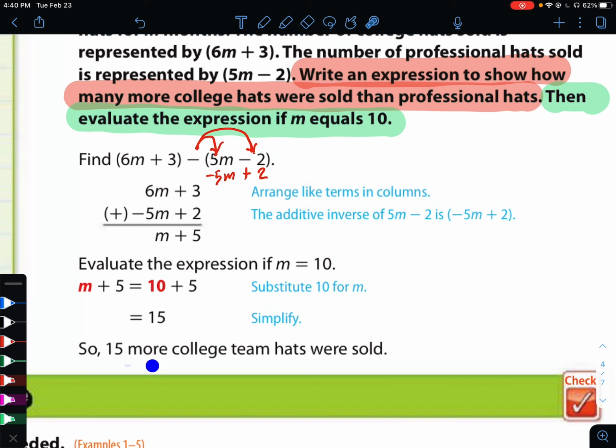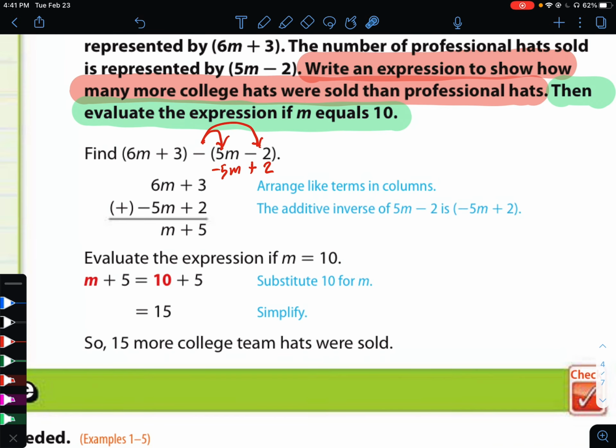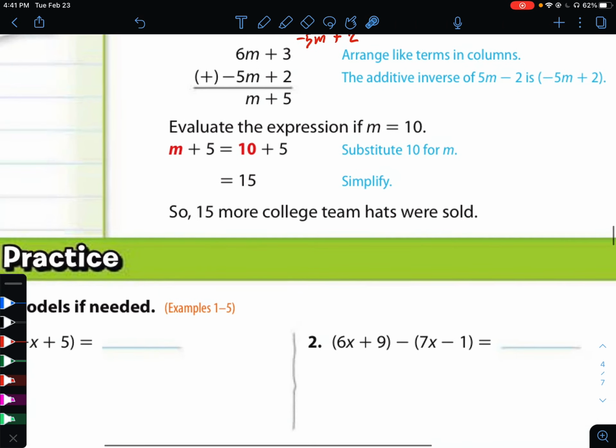So 15 more college team hats were sold. So when we substitute the value of 10 for m, we end up with 15. And from the problem, 15 more college team hats were sold.